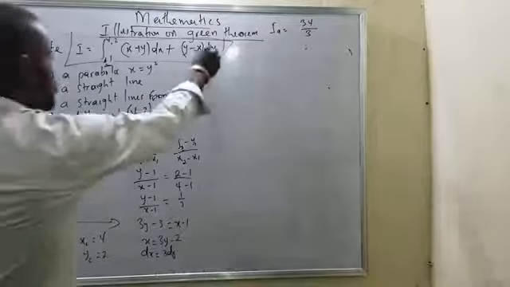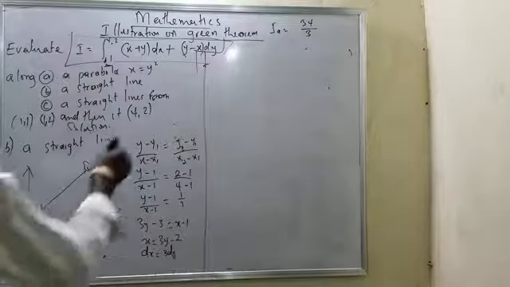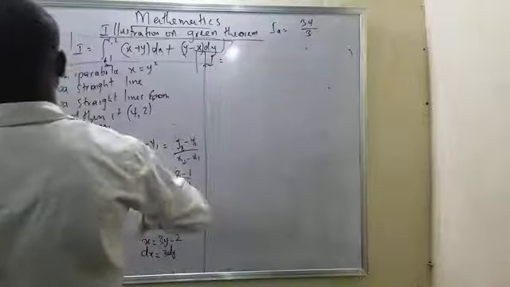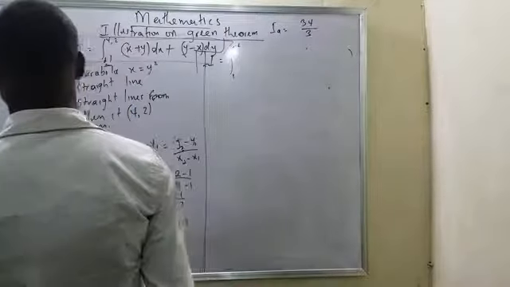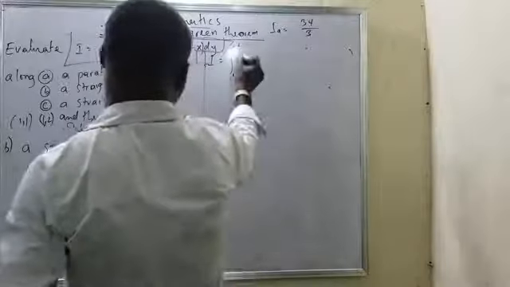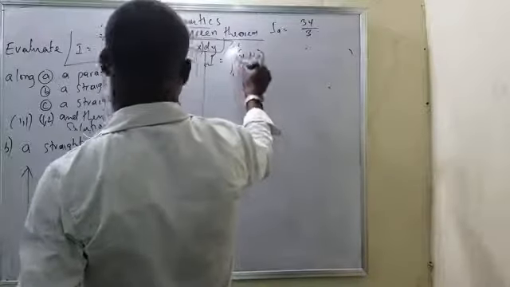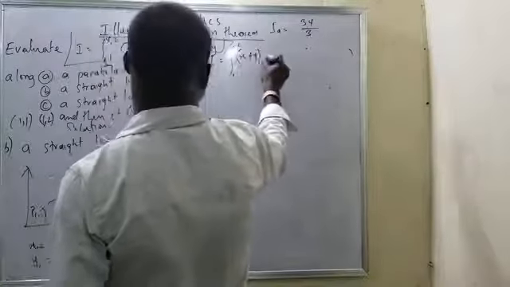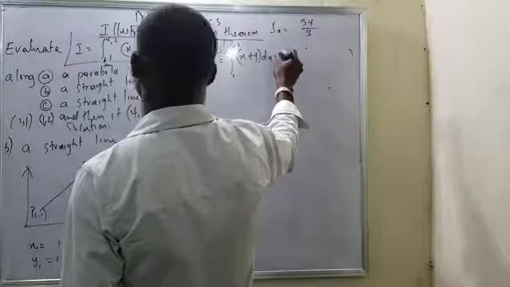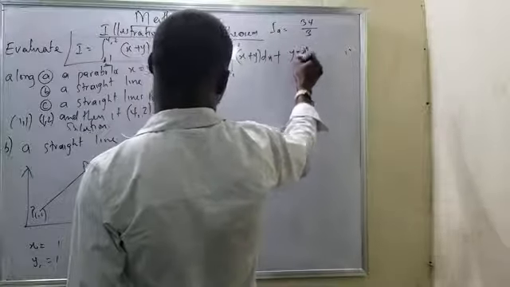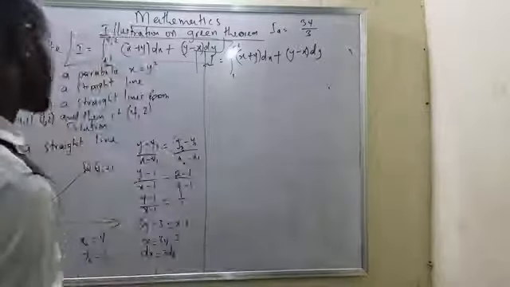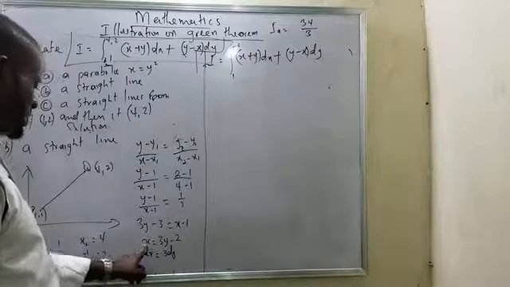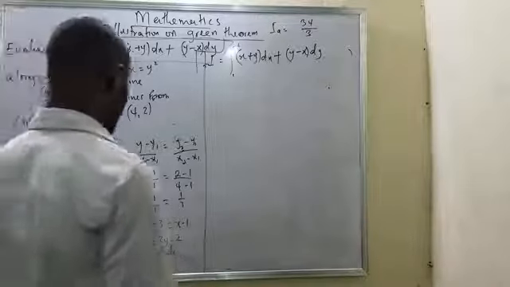Now I can run through my line, which is my I equals the integral from 1 to 2 of (x plus y) dx minus x dy. Now I can substitute for what is on the ground. What is my x? My x equals this.